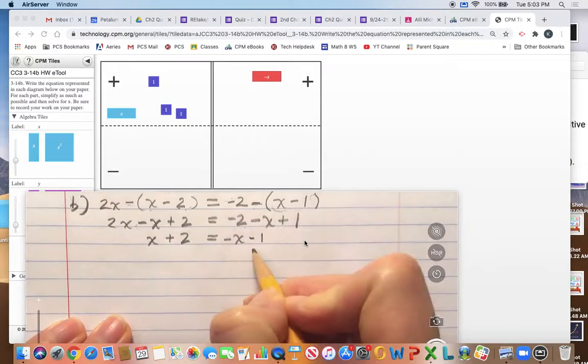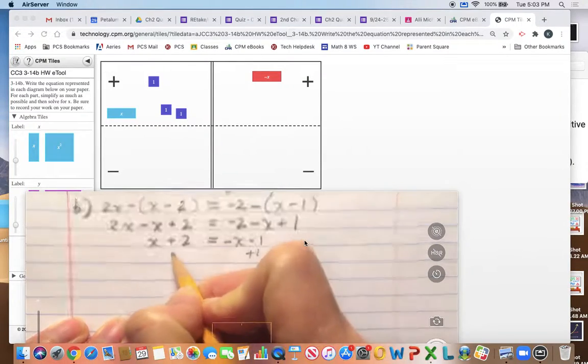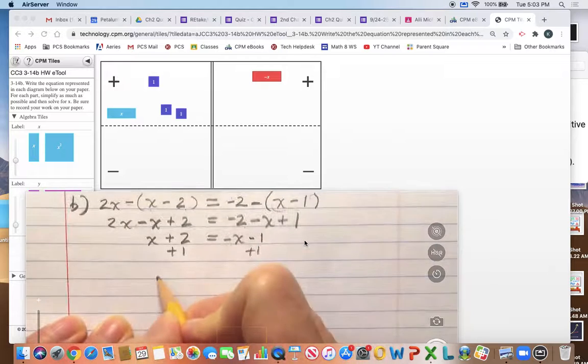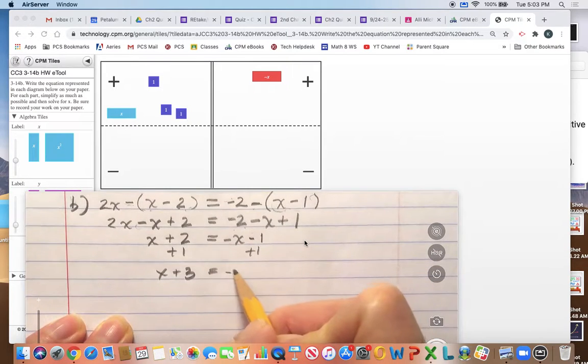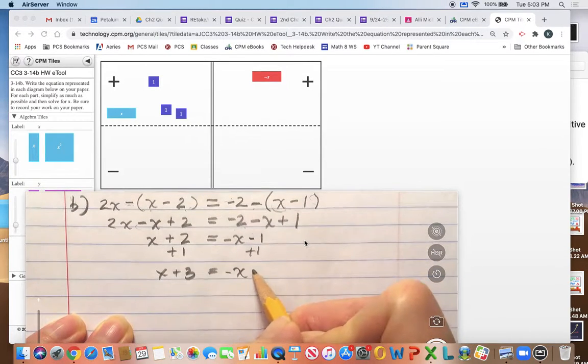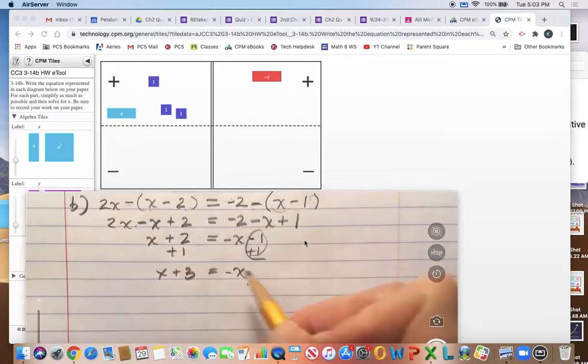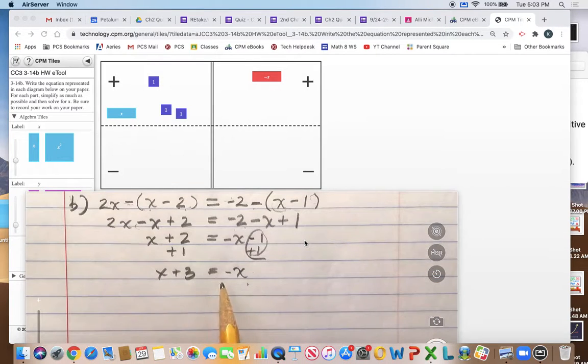Okay, so let's record what we did. So we added a positive tile to both sides. So now we've got x plus 3 over here, and we have negative x, and these zeroed out. Okay, so what we have here now is an equation where we've got a negative x and a positive x on both sides and 3 tiles.